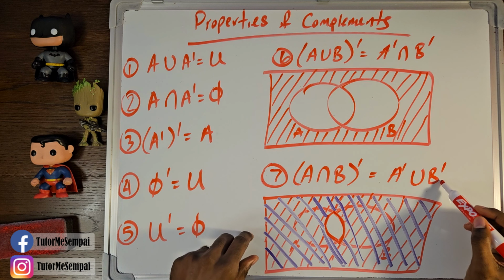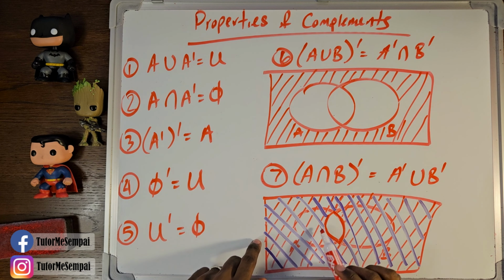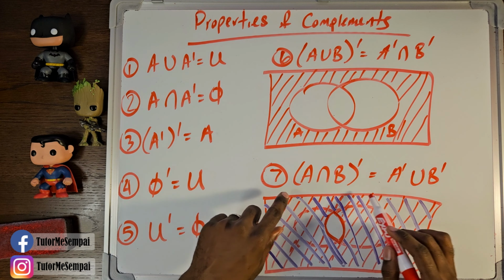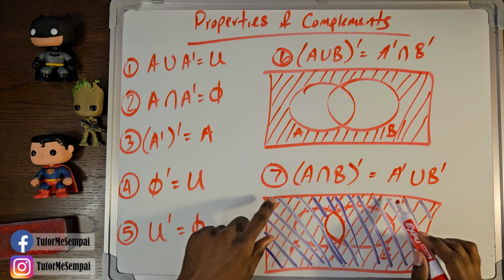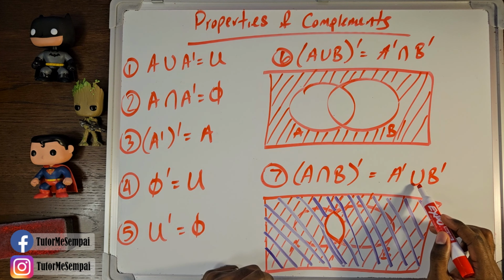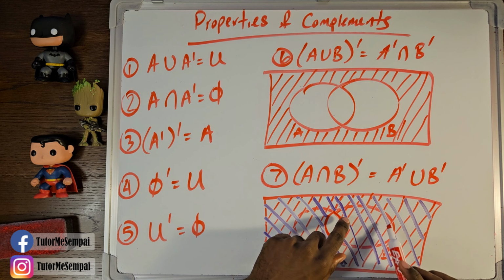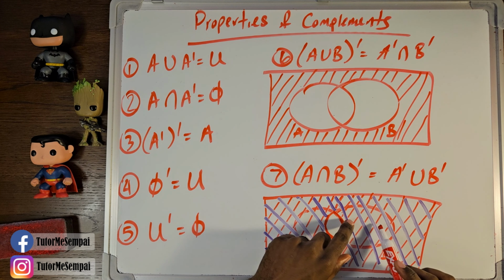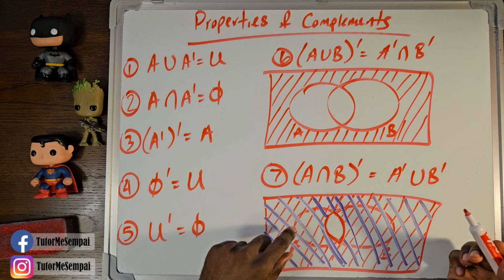Now we're going to look at this B complement, and we're going to do the same thing we did up here. We're going to shade this part of A and everything outside. But you're unioning them now. So, of course, you're going to get the outside, just like you did in the intersection. However, this portion that was in A complement and this portion that was in B complement is also going to be included.